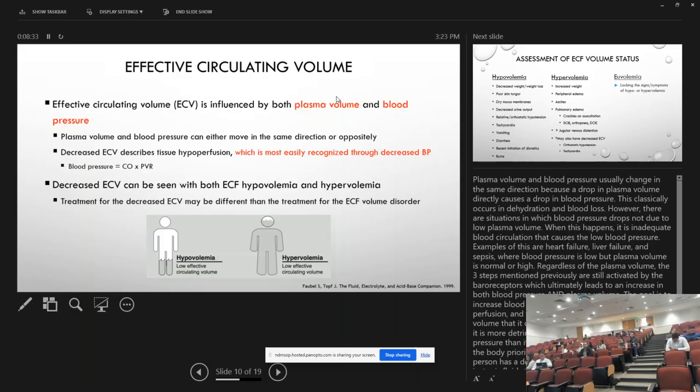Heart failure for sure. Liver disease can give you that. Anything that's going to increase the volume on board. But remember, the volume goes everywhere, right? It goes in the interstitial space, it goes intracellular. So you can have an increased volume on board, but still have a low volume in the intravascular space. That's the most important thing that I want to point out.